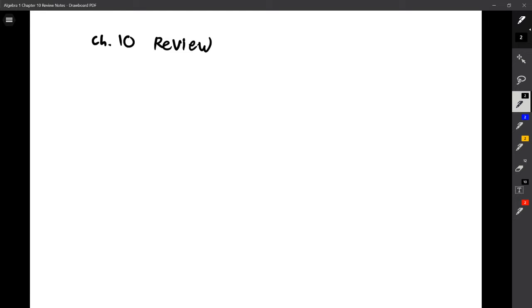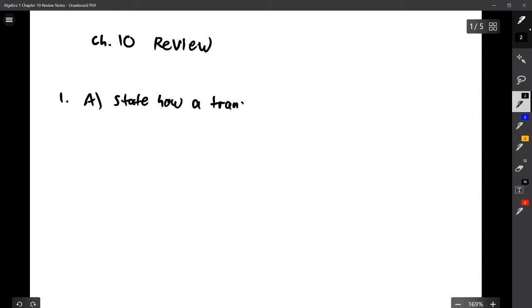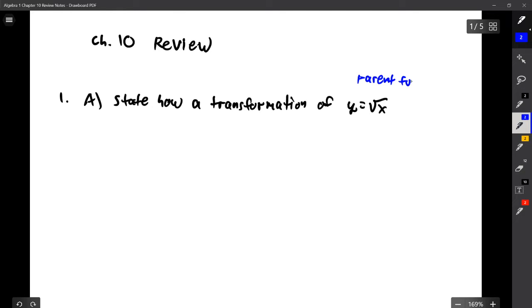So number one, our instructions here are, part A, and I'm abbreviating the directions for you a little bit. The PDF will have the full version. State how this is a transformation of y equals the square root of x, also known as the parent function.